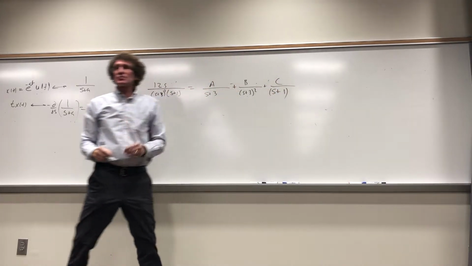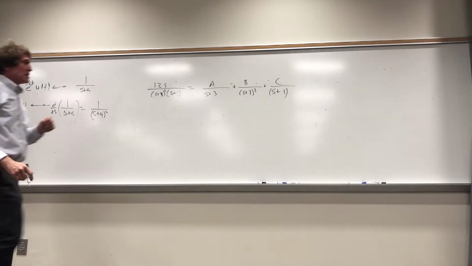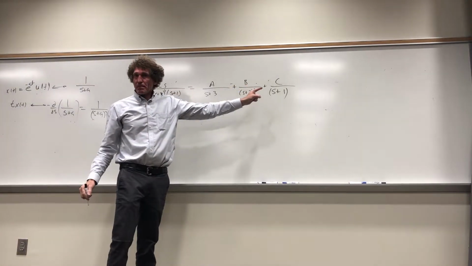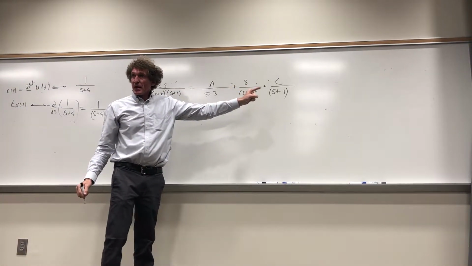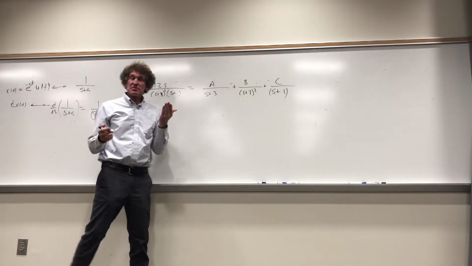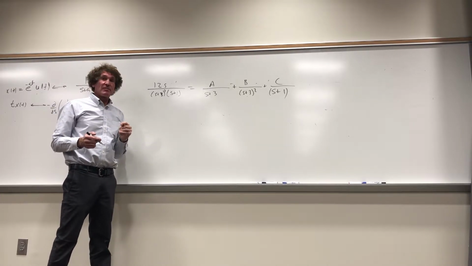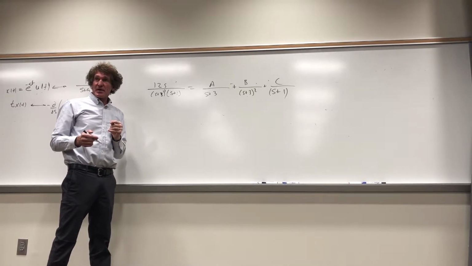Now, here's the way most of you will probably do this on an exam, a problem like this. Y'all see you can get c very easily, right? Correct, class? Yes. Y'all see you can get b very easily. Do you agree, class? Because it's really just multiplying this side by (s plus 3) squared and evaluating whatever's over there at s equals minus 3, right?